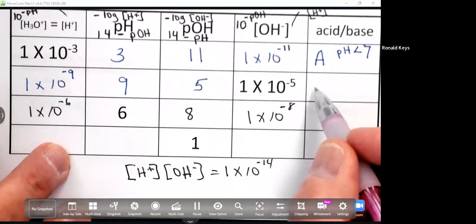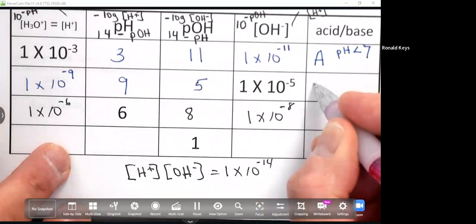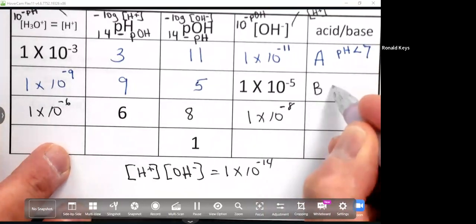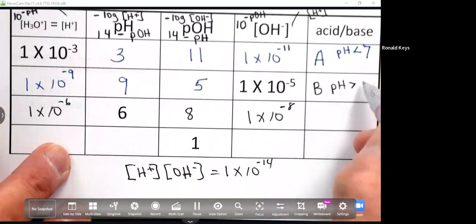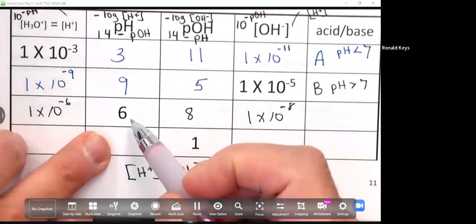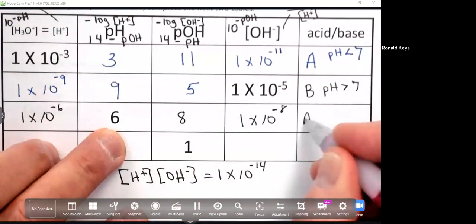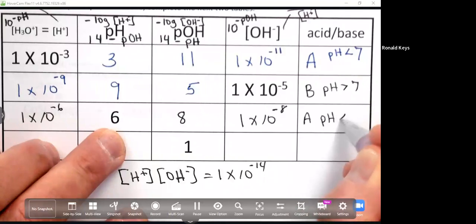What do I have here, an acid or a base? I've got a base, right? pH is greater than 7. Just looking at my pH when I do this. Here my pH is 6. This is an acid. My pH is less than 7.